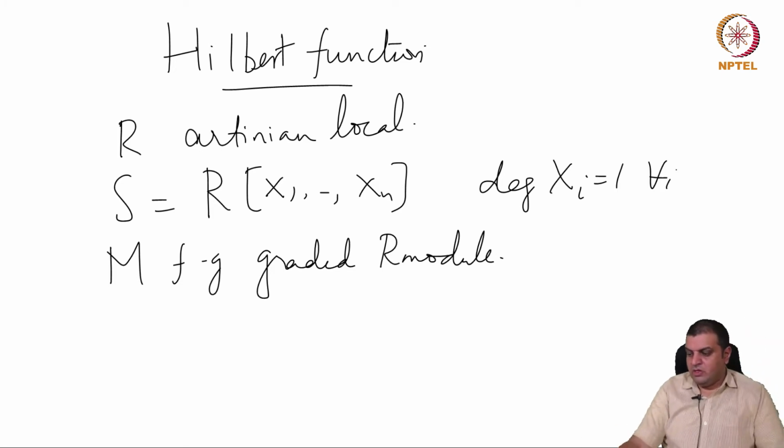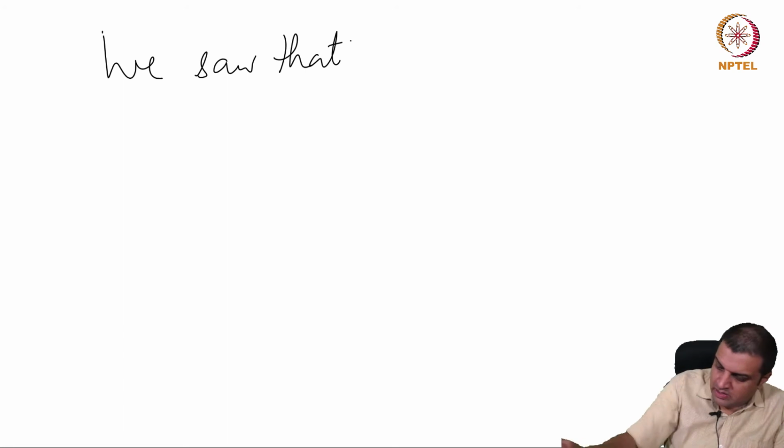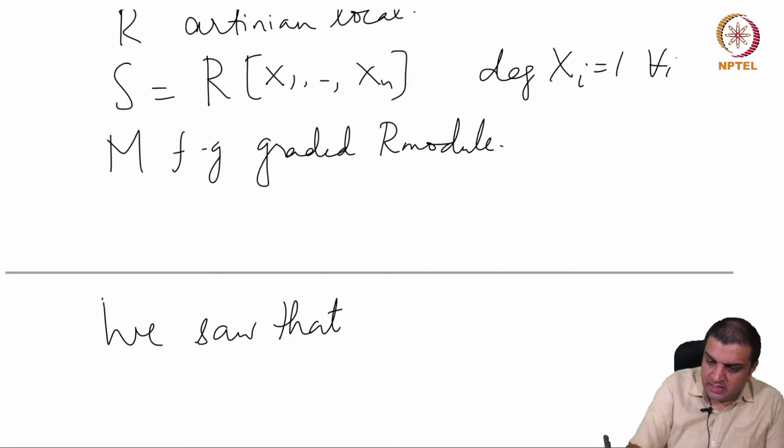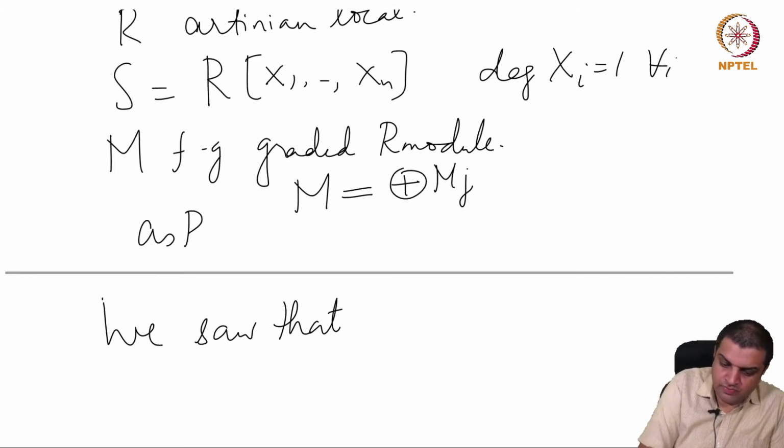Okay, so we saw that we can decompose M as the direct sum of M_j as R modules.